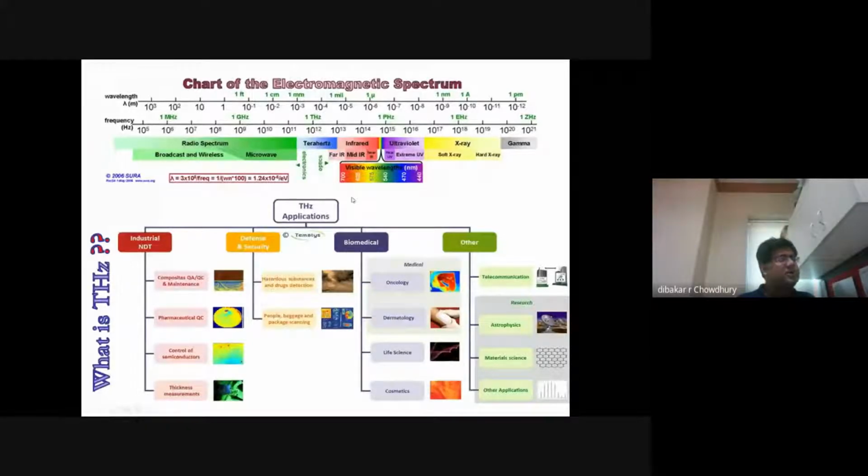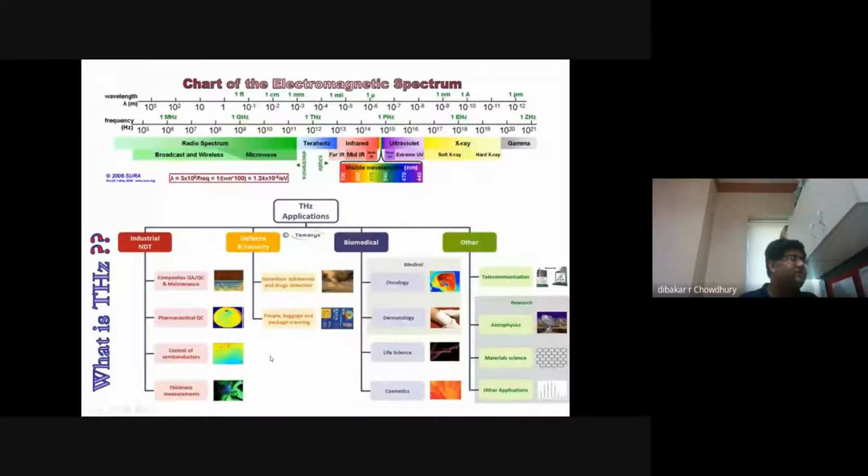However, this terahertz is a very interesting domain. For example, 98% of the waves in space that we capture are actually composed of the terahertz domain. So apart from that, there are a lot of functional and practical applications: industrial NDT, defense and security, biomedical, and different other applications.